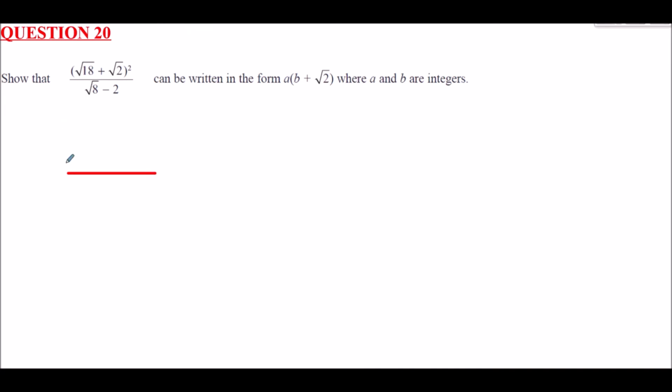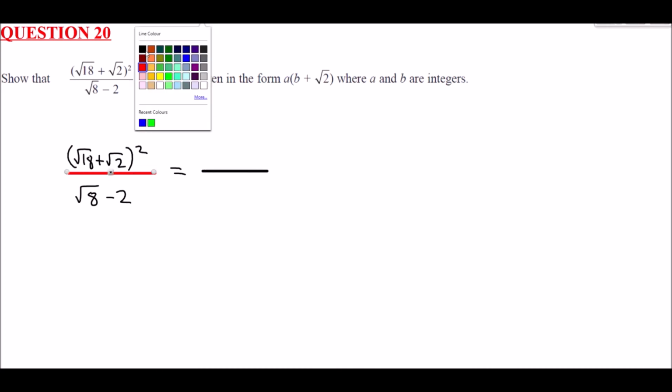So root 18 plus root 2 all squared over root 8 minus 2. I did this in a red line, I'll change it to a black line, I think, so it's less scary. So first off, we can expand all this on the top.